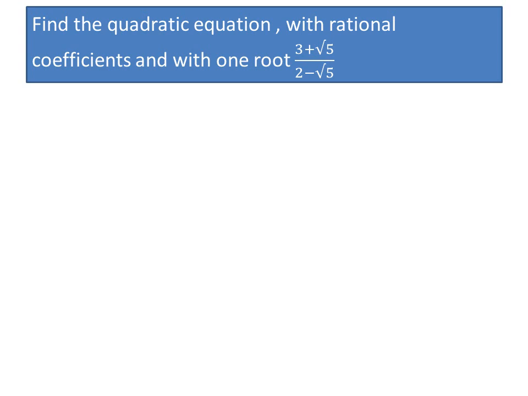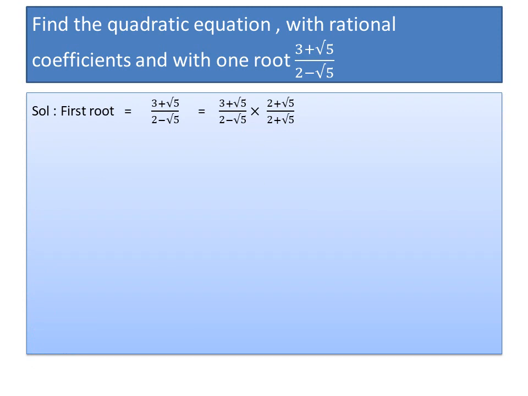Find the quadratic equation with rational coefficients and with one root (3 + √5)/(2 − √5). Now in this we are given one root and we have just said that these are rational coefficients. Whenever we have any root with such a part, where it is a square root or something like that, the first root is (3 + √5)/(2 − √5).